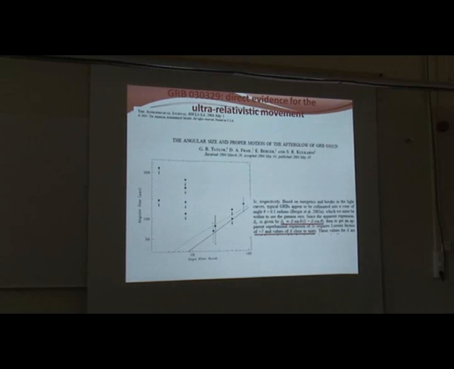GRBs are cosmological events. The closest one to us was at a distance of about 140 megaparsecs. So it's really difficult to measure something directly. But the expansion velocity of the blast wave may be an exception. For example, in this really bright nearby burst, GRB 030329, the radio afterglow was so bright that people could get the radio image and then the angular size as a function of time.